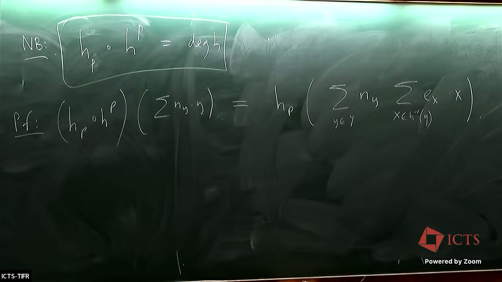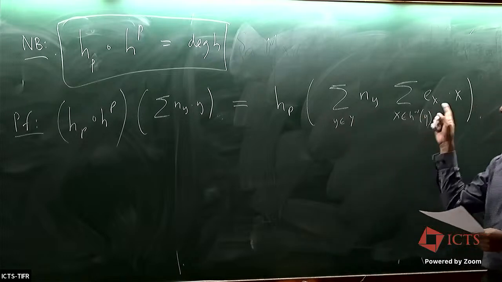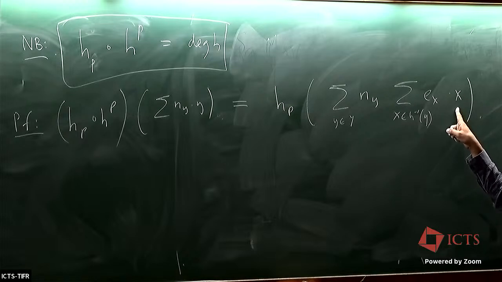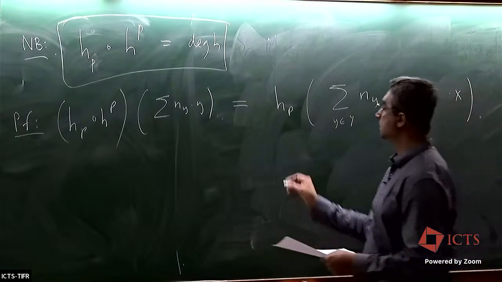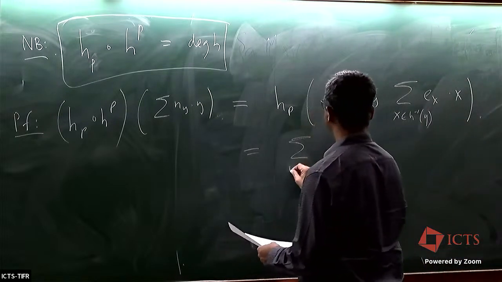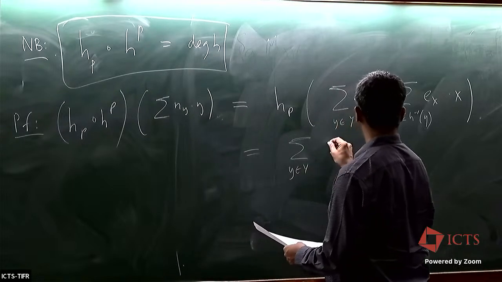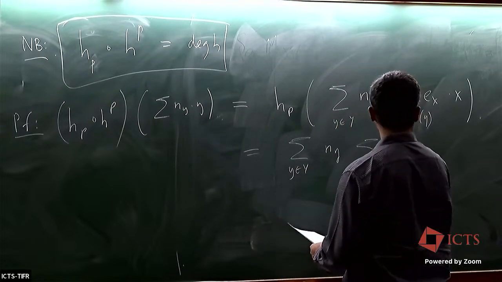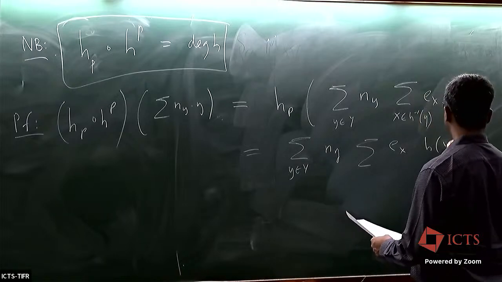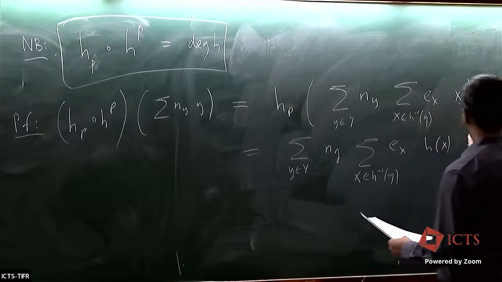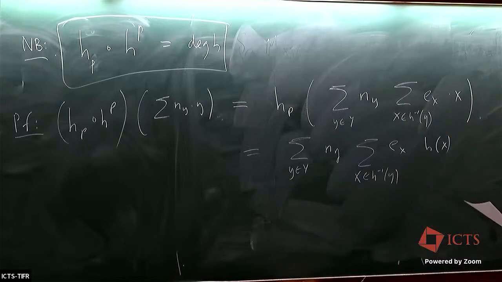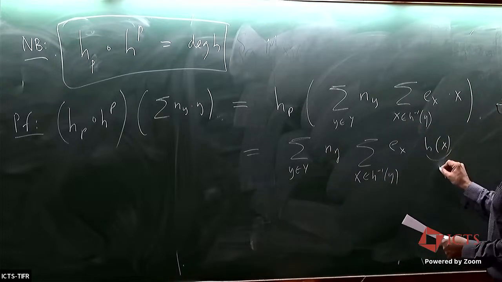Then apply H upper P on that. And H upper P was a very simple formula: all you do is you skip all the coefficients and just apply h straight. The first pullback is a bit trickier, but push forward is very simple. So you get summation over y belonging to Y, n_y, summation of e_x times h of x, x belonging to h inverse y. Because x is in h inverse y, this is just y.